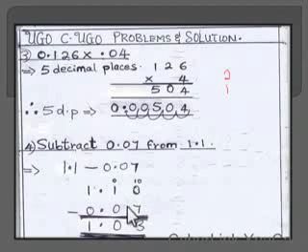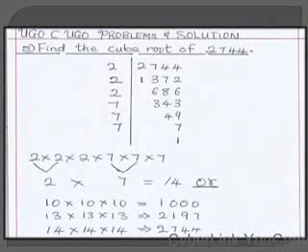So 10 minus 7 will give us what? 3. 0 minus 0 will give us 0. 1 minus 0 will give us 1. So please put down the point here. The last answer will now be 1.03.